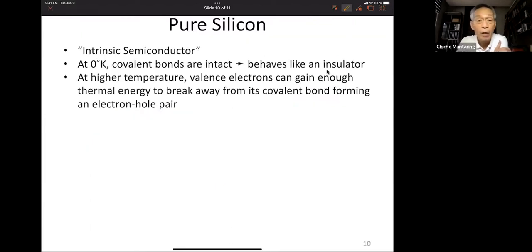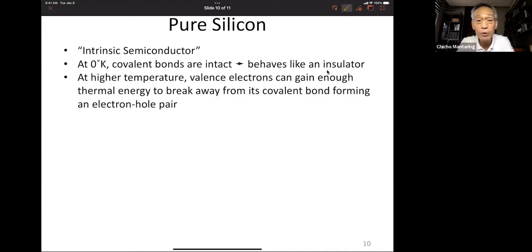Okay. Now, if we're talking about pure silicon, you call this an intrinsic semiconductor. At 0 degrees Kelvin, at absolute zero temperature, all your covalent bonds are intact. That means you don't have any single conduction electron. At absolute zero, your pure silicon behaves like an insulator.